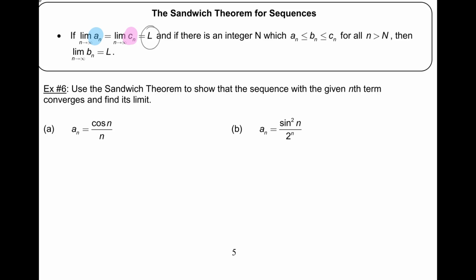There are two sequences with the same limit, so there has to be an integer n for which, for all numbers bigger than that integer n, the sequence that's in the middle of the two previous sequences, A and C, also has a limit equal to L.